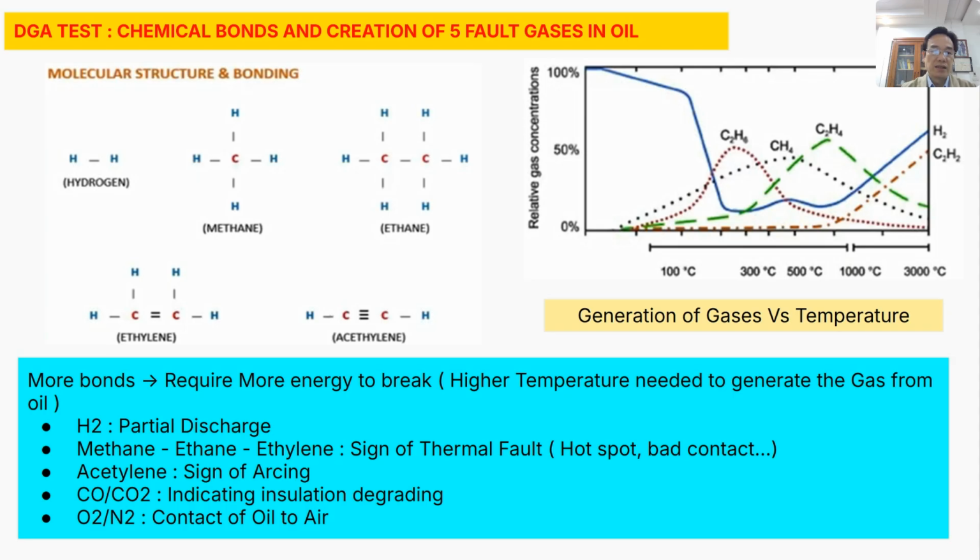These gases are hydrogen, methane, ethane, ethylene, and acetylene. So based on the temperature, the gas will be generated in oil.